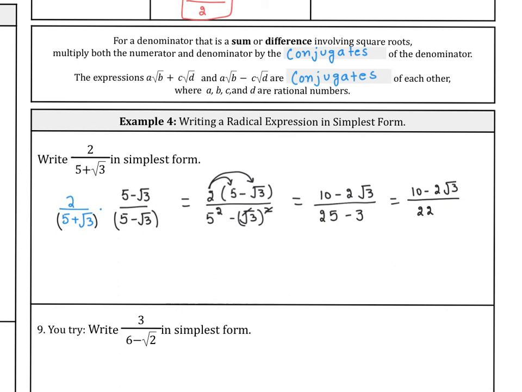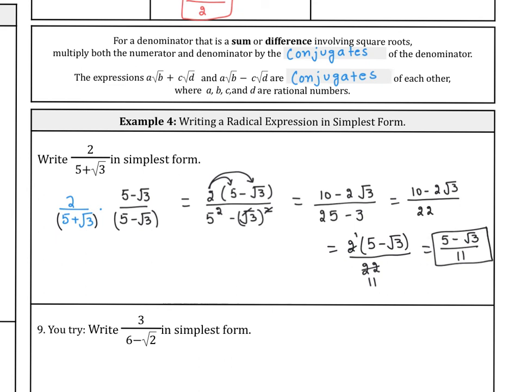I'm going to write this the same way I had it before. Now I can reduce the 2 and 22. So the answer is 5 minus square root 3 over 11.